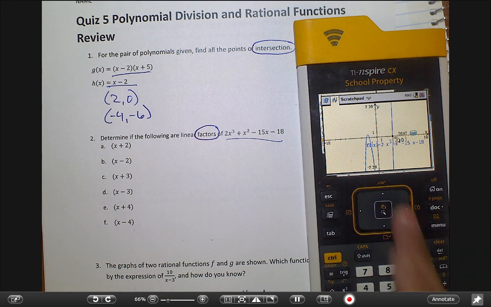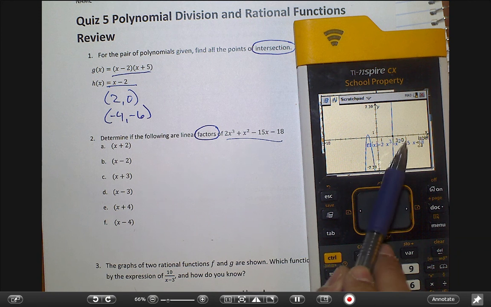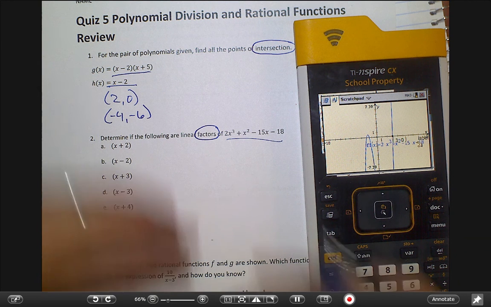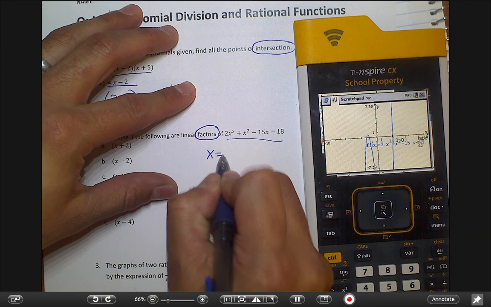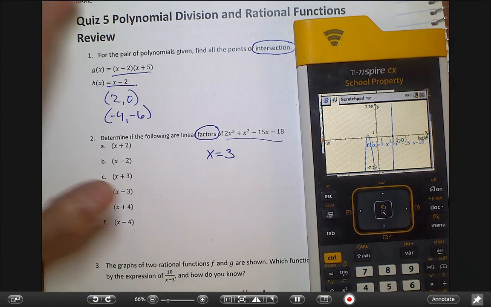And on this one right here, I'm looking for my x values, because I'm looking for just the factors, right? So in this case, x equals 3. They're in alphabetical order, x and y. So I'm going to put that here. X equals 3. Okay, so I'm going to leave it right there.